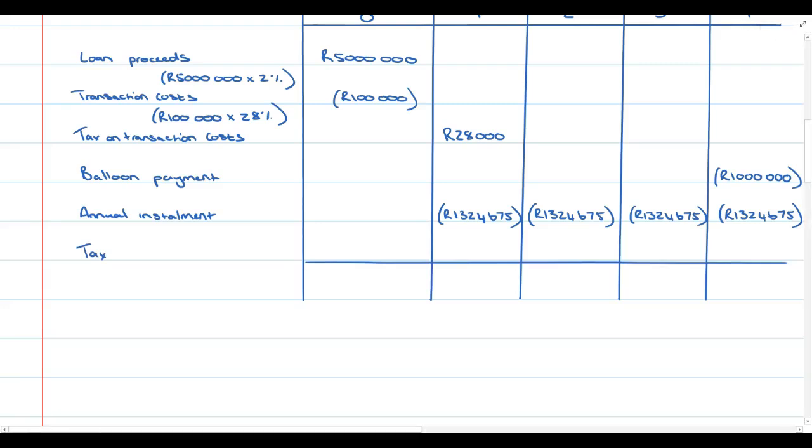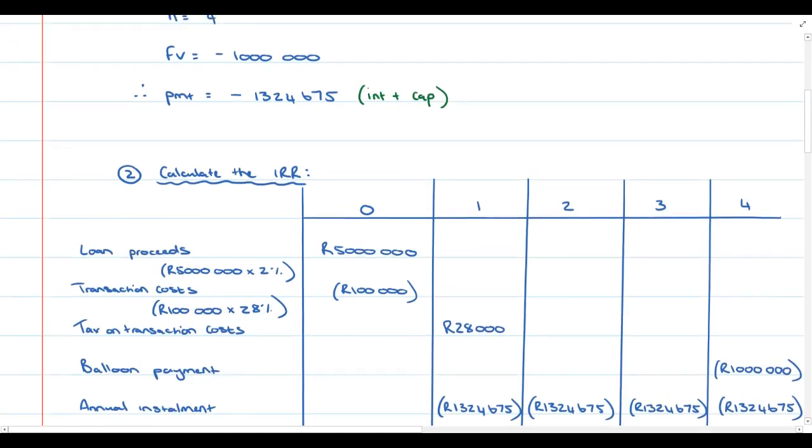Right, and we have already considered tax on the transaction cost, so we don't have to worry about the tax implications over there. Right now, what we are trying to determine is the tax consequences on the interest. This annual payment over here includes both interest and capital.